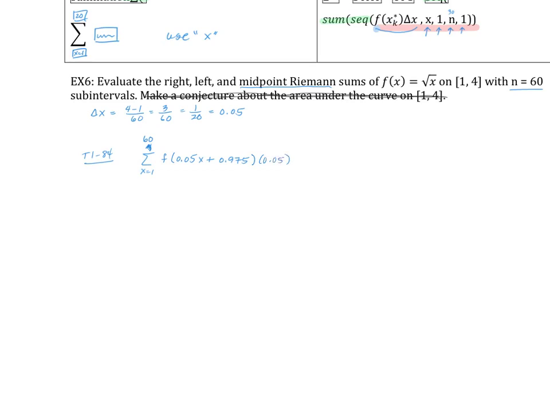Well, remember that my x sub k star is equal to 1 plus, in parentheses, k minus 1/2, or 0.5, times delta x, and in this case my delta x is 0.05.